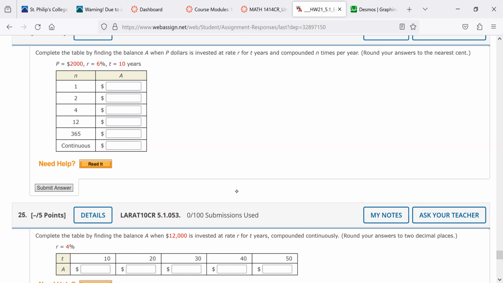The big picture is, do you know what an exponential function looks like? Can you plug its numbers in? Do you know the domain and range? Can you use these interest formulas?